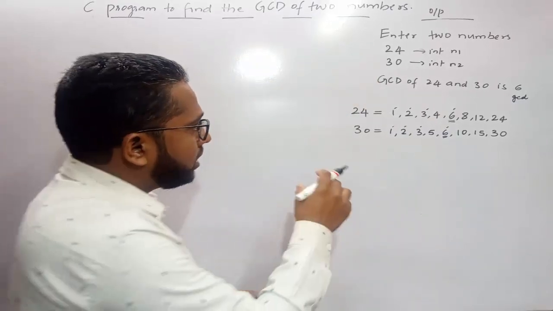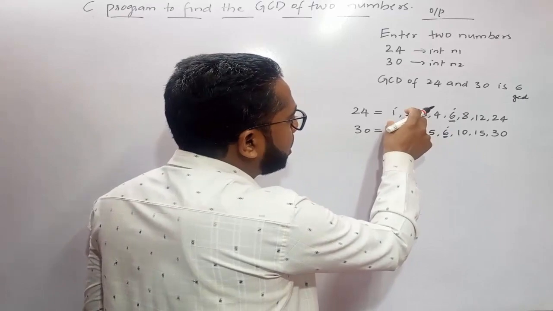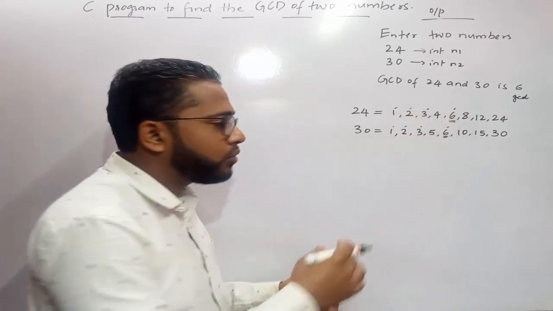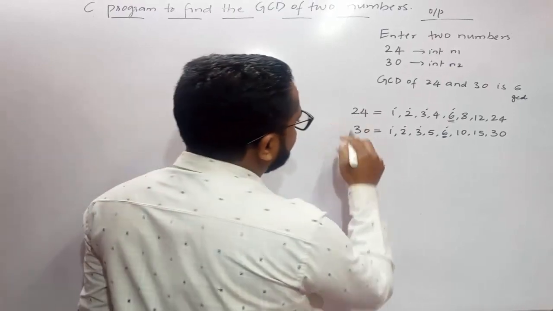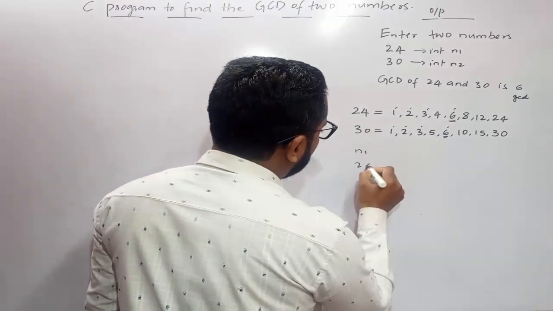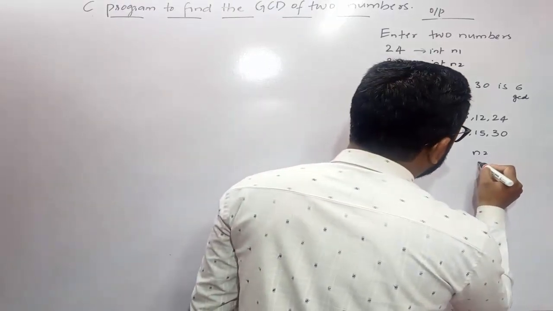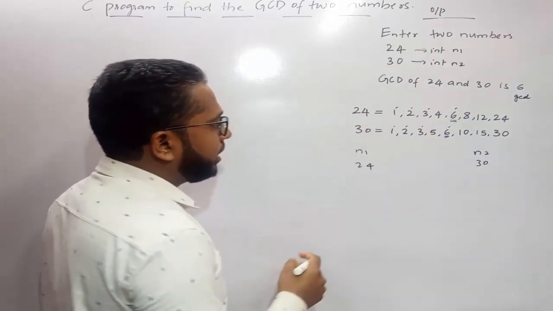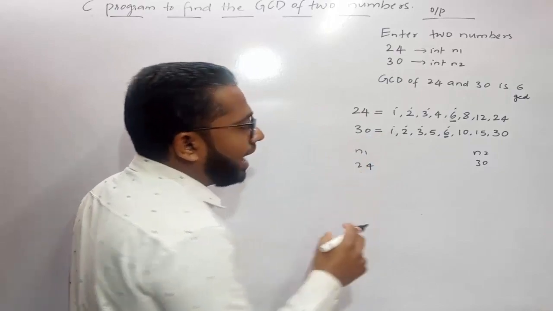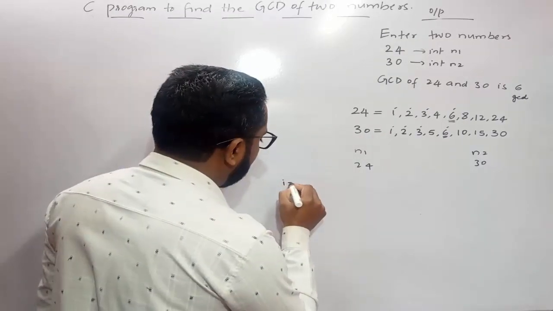The approach which we have used here to find the GCD, the same approach we will follow to write the program. Here n1 is 24 and n2 is 30. First we need to set I equals to 1.